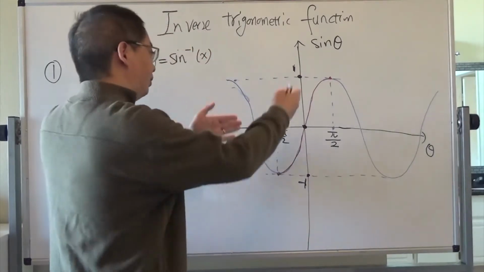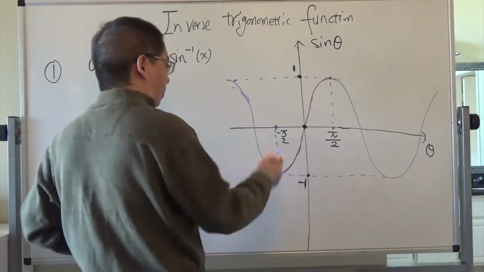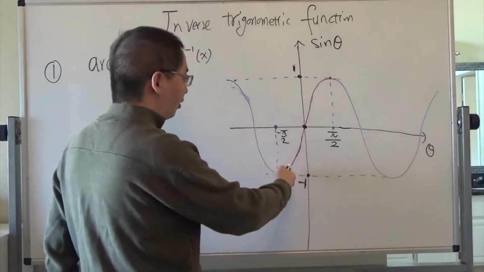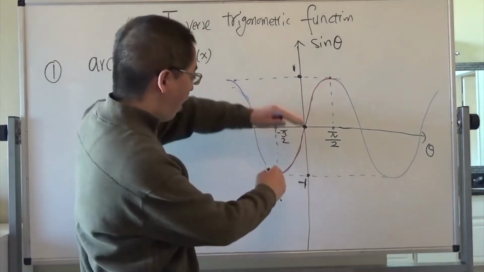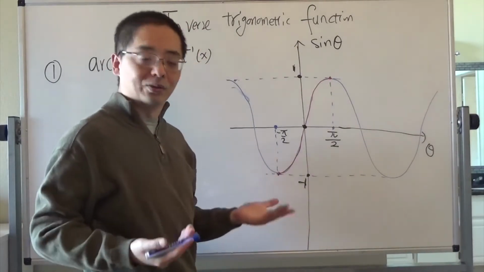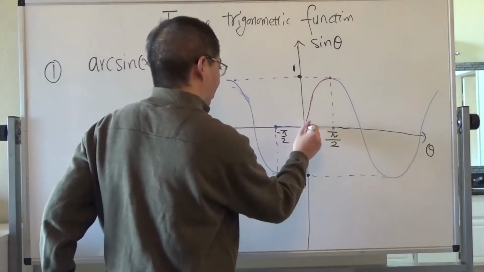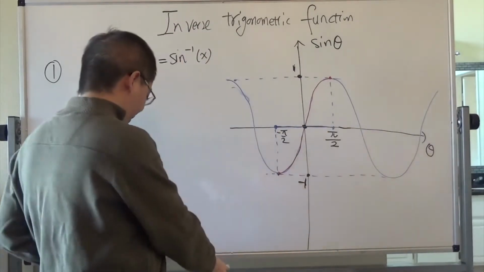Nevertheless, if we look at the restriction of values between -pi/2 to pi/2, then the graph of the function is strictly increasing, and it covers the whole range from -1 to 1. Therefore, within this range, from -pi/2 to pi/2, we can define the inverse of the sine function.